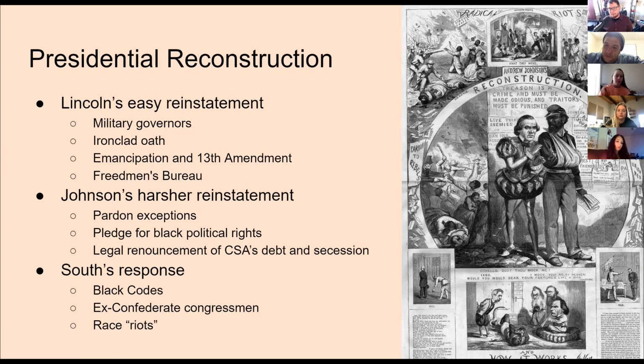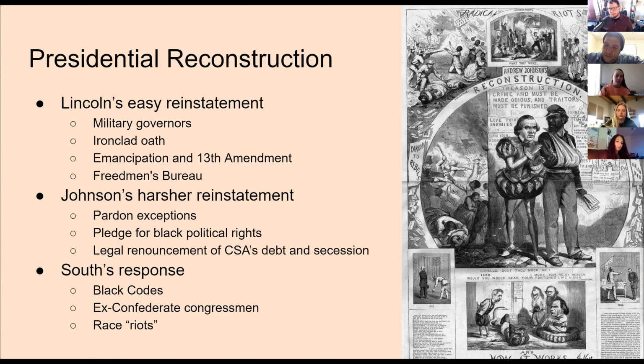And so on the 5th of December, 1865, Congress itself had to bar these congressmen from rejoining Congress. Congress actually has the power to seat and unseat its own members, but that's quite a big thing when you have to do that to basically an entire delegation.